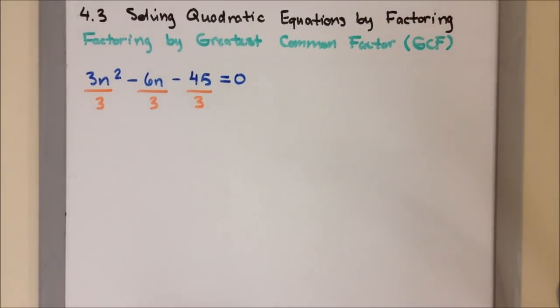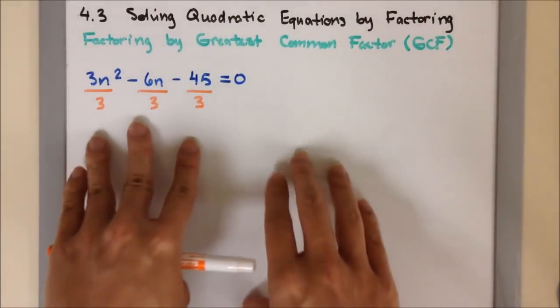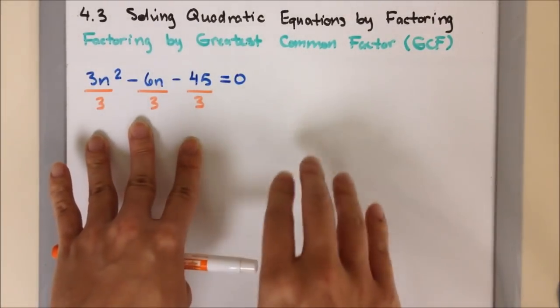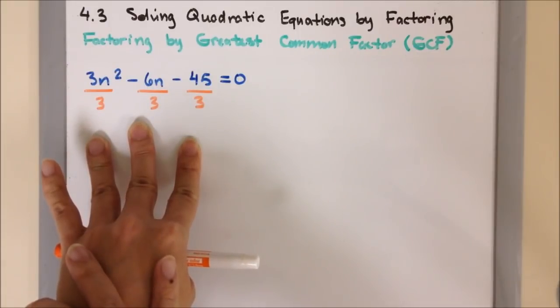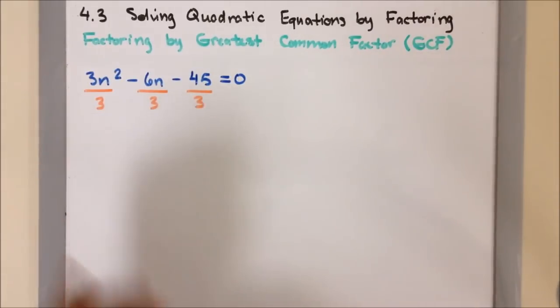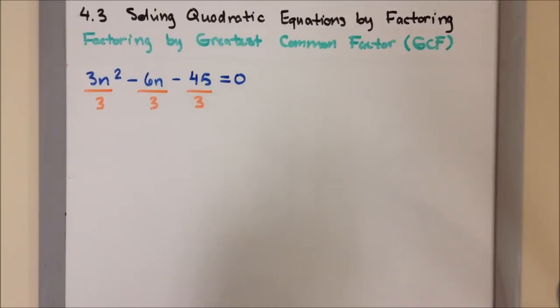In this case, you can. So if you can divide, that means you don't have to use the divide and move method. I repeat, if you can factor by GCF or divide by the common number, you don't have to use the divide and move method.